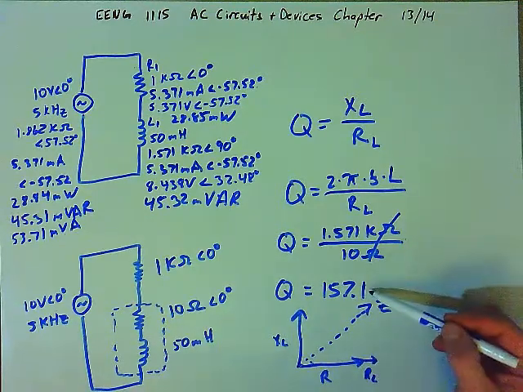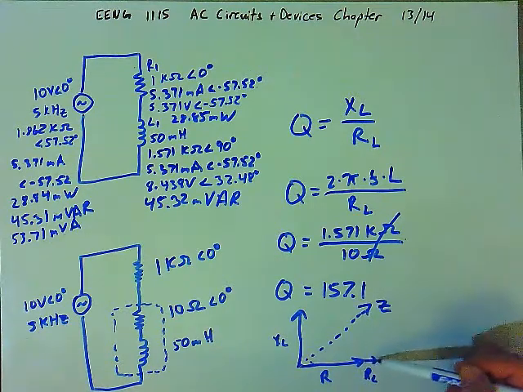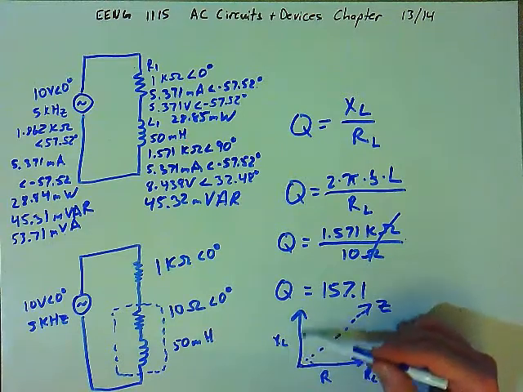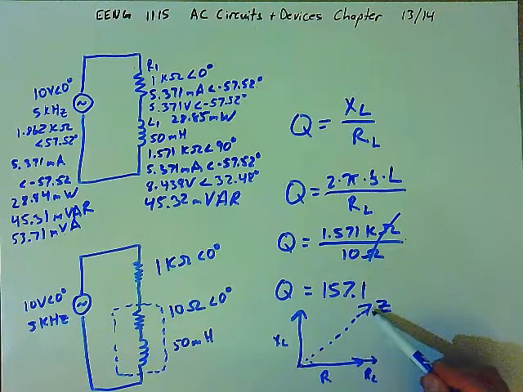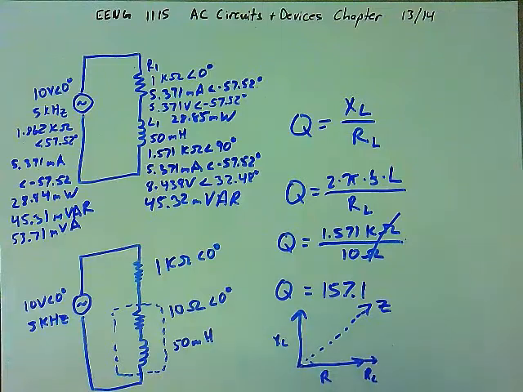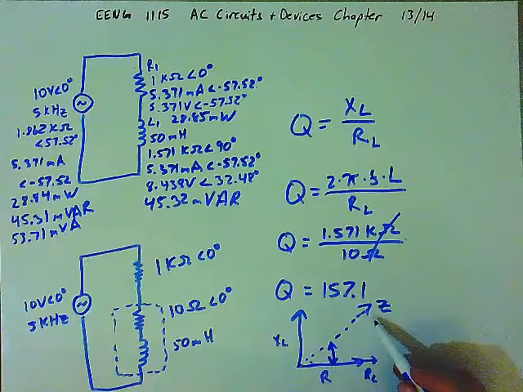And so we want the quality to be as high as possible. The higher the quality, essentially the smaller this R sub L value is compared to this X sub L. So higher quality results in smaller changes in Z. A low quality would have a much larger resistance, which is going to cause the phase angle for Z to be reduced. Right?